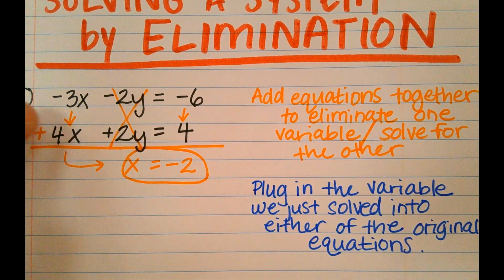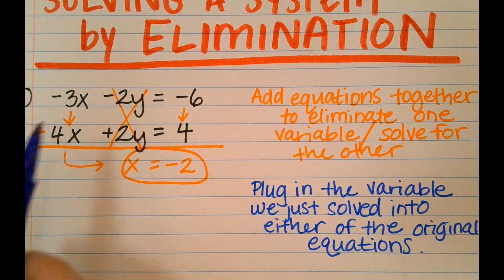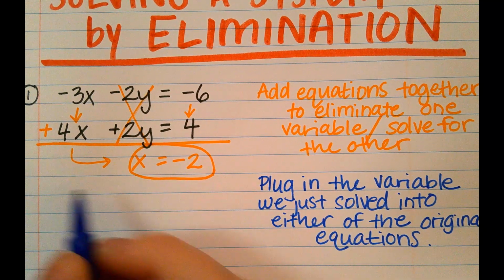But like I said, I'm going to use the bottom equation, so I'm just going to rewrite that. 4x plus 2y equals 4.